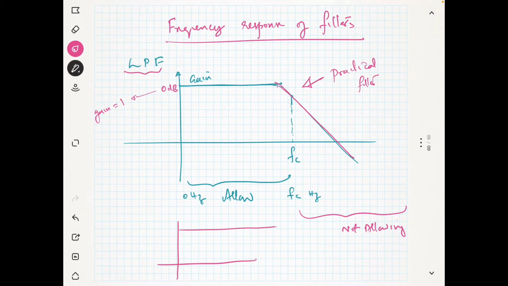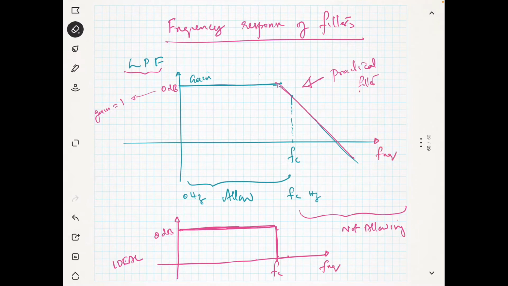But ideally we need the characteristics like this. This is Fc, and this is the ideal characteristics. Your gain is 0 dB here. This is an ideal low pass filter. Up to Fc the gain is 1 or 0 dB, and after Fc there is no gain.